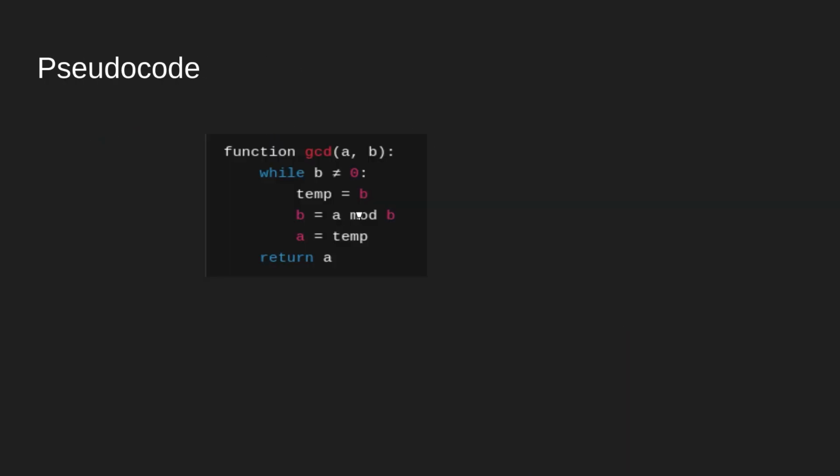How will you code this algorithm? It's pretty simple. When you're trying to find the GCD of a, b, you iterate through a loop, and you find the remainder of a and b, and that becomes the new b, and you store a as a temporary value, which is the previous value.